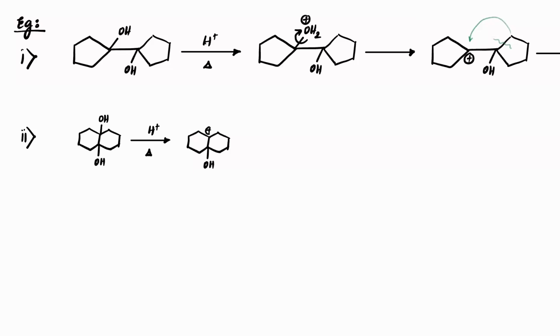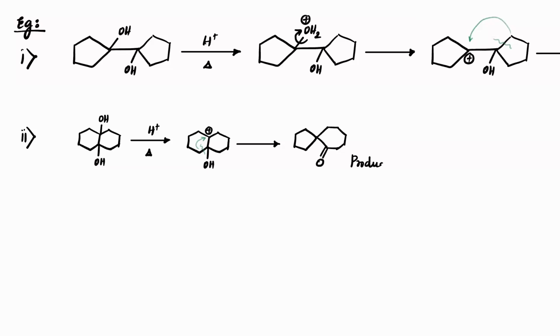Now to get the positive charge on the OH group here, the bond will break from here and internally migrate here. So now one ring will become a 5-membered ring like this, and the other one will become a 7-membered ring like this. And adjacent to that, we will have a double bond. So this is the product.